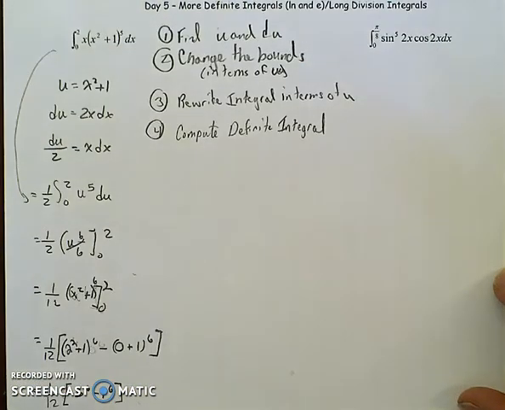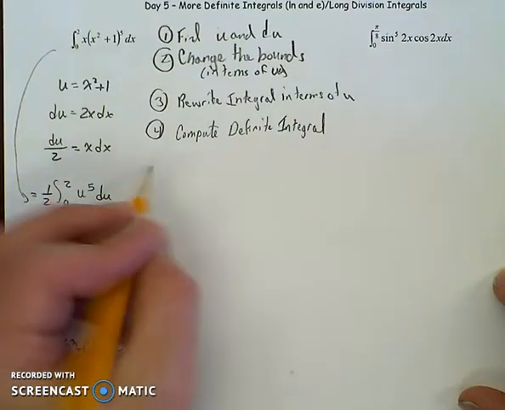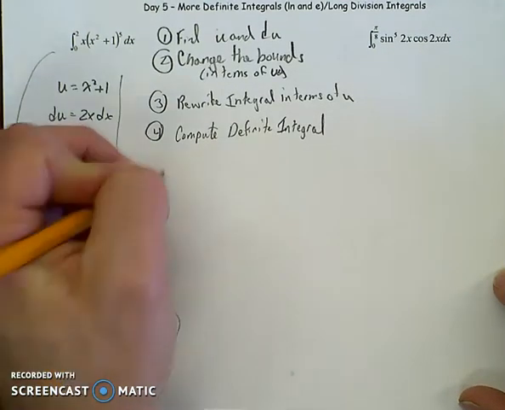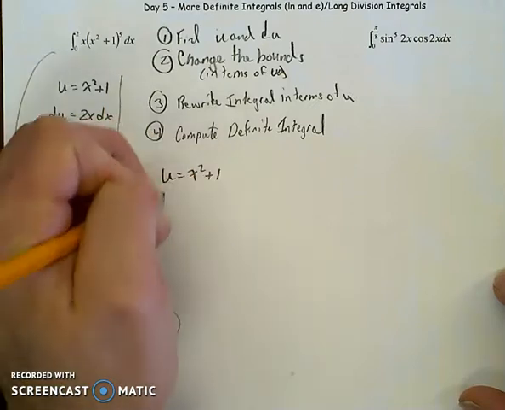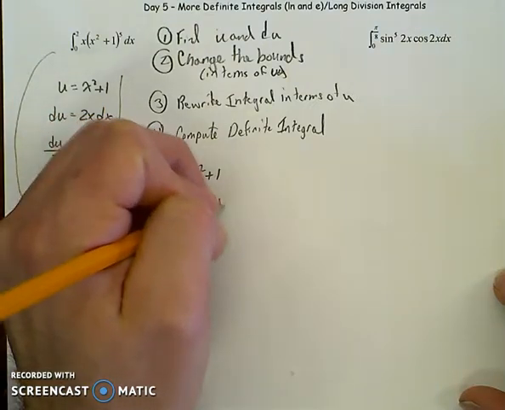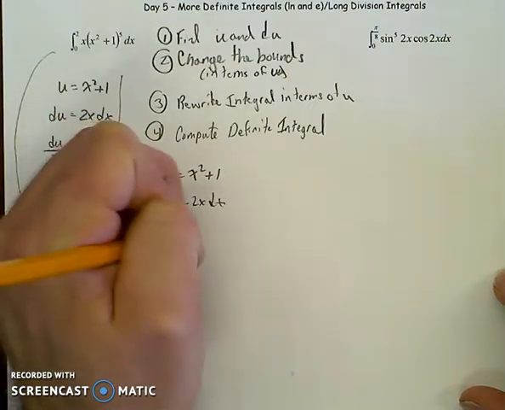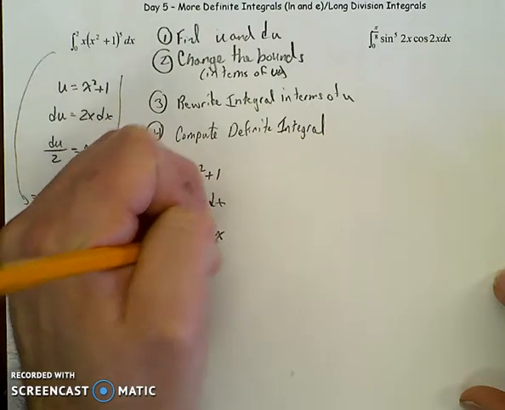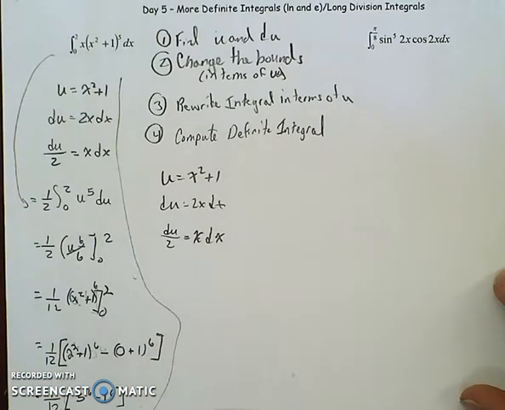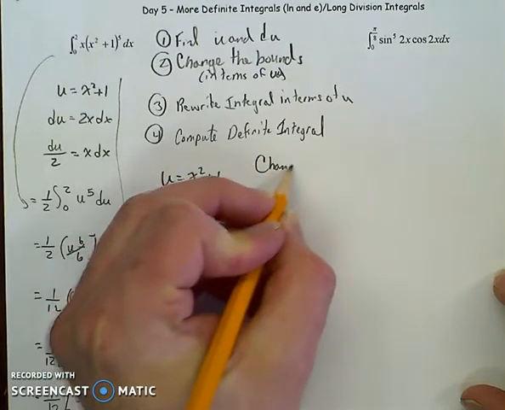So those are our 4 steps. So in this case, we already found u and du. But over here, we got to change the bounds.